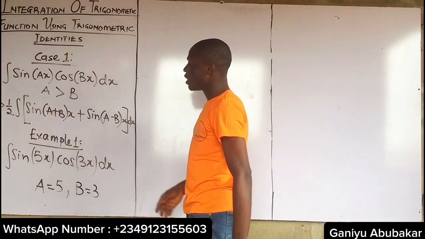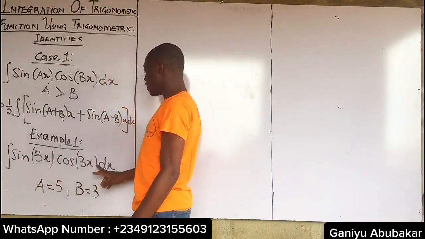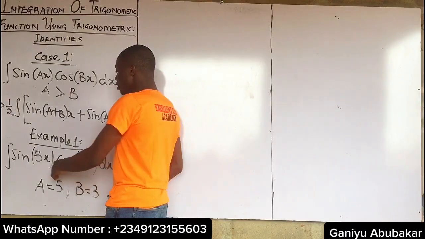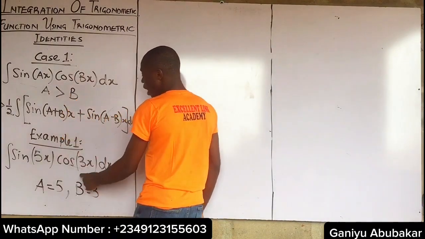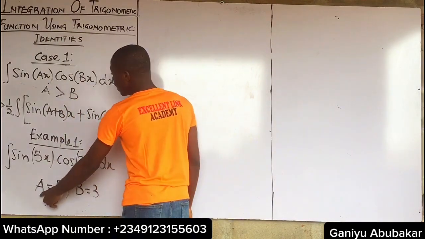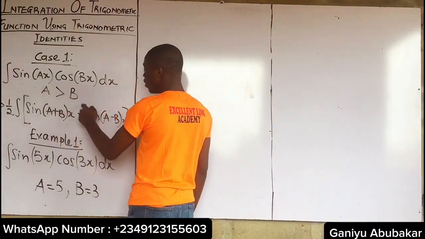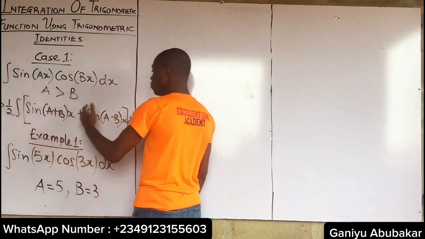If I'm having something of this nature, the mathematical expression becomes this. So the example says that if I have the integral of sine 5x cos 3x dx, observe that 5 here is a, and 3 here is b. Observe that a is greater than the value of b, so I'm going to express it in this form.